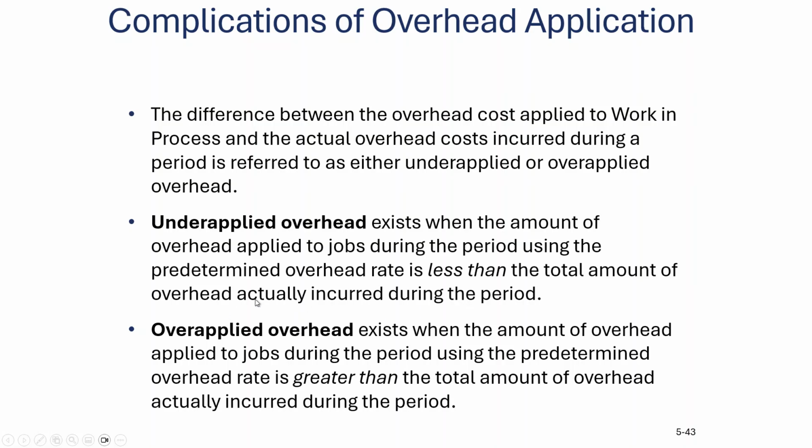So the total amount was higher, or we can say that the amount we allocated was less. Okay, so in that case, the actual amount, that is your debit, is higher than your credit. So you're going to have a debit balance there. Okay, so that's when it is under applied. That means you applied less than the actual.